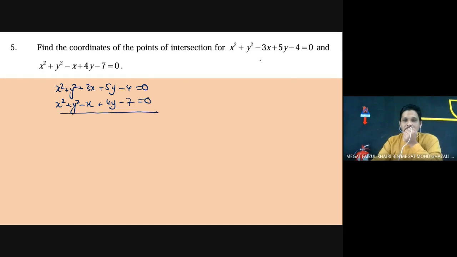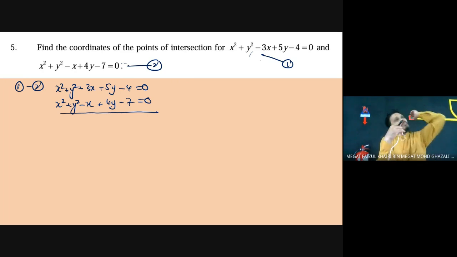Let's say this represent equation 1 and this equation 2. Let's make this as an equation 1 minus equation 2. Okay, so equation 1 minus equation 2, x squared minus x squared, y squared minus y squared. So negative times negative, positive. Okay, negative times negative, positive.